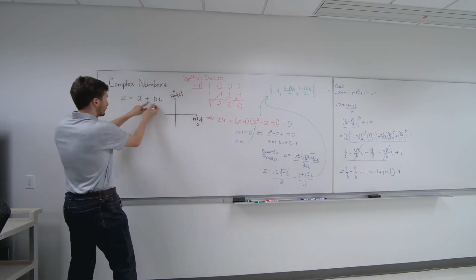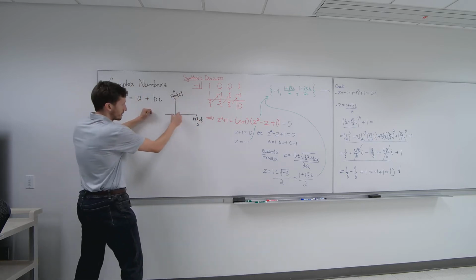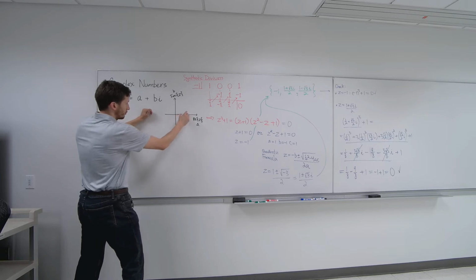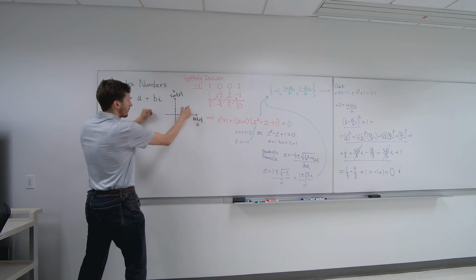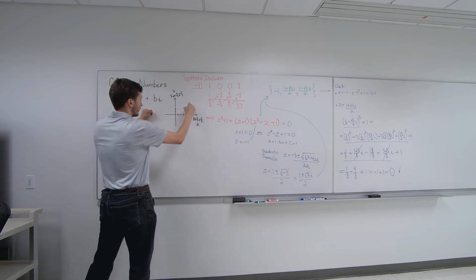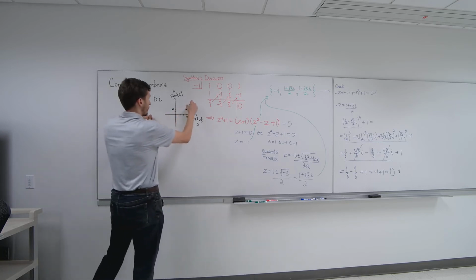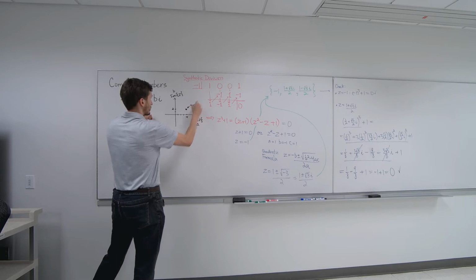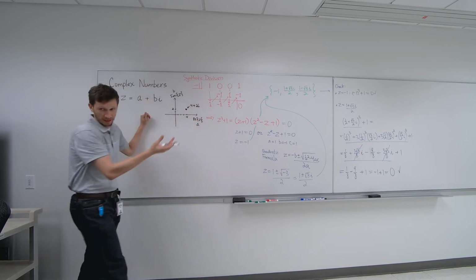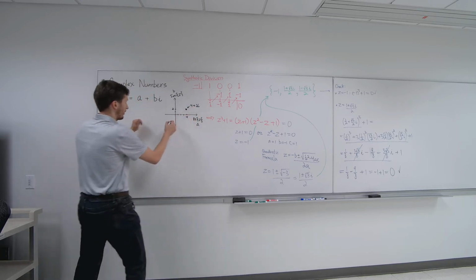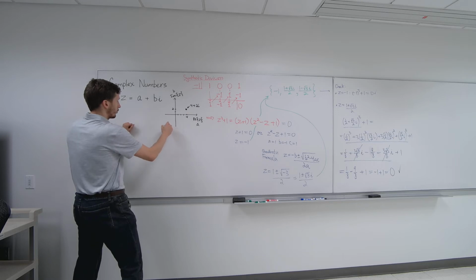So if I have a plus bi, and let's say a is positive for some reason, some 3 or 2 or 4, and you go up 2 maybe, so 4 plus 2i or something, that's going to be the point representing the number 4 plus 2i. So the real part is the right-left, it's like the x value, and the 2i would be the y value. And so any point here, that would be the a comma b. That would be this z.